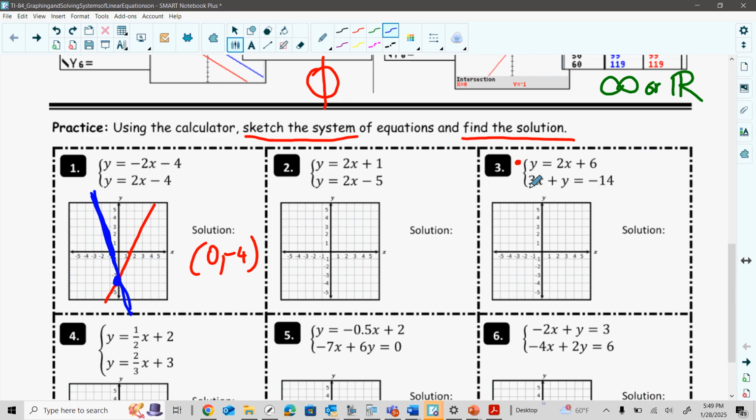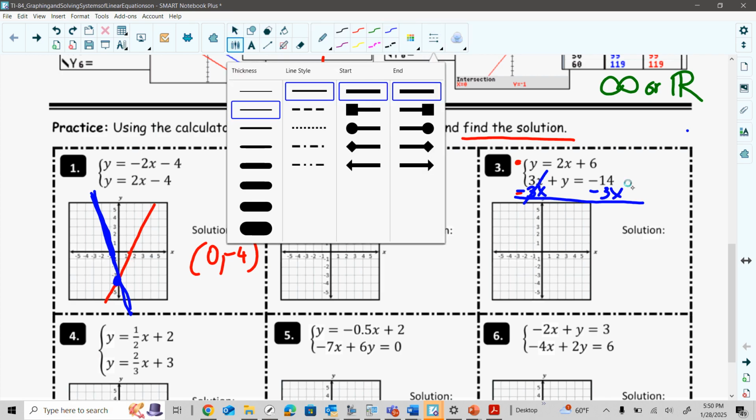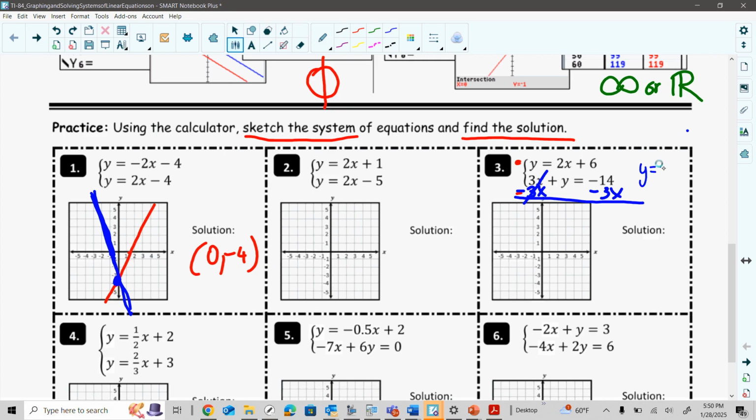So what we have to do is say minus 3x on both sides. The 3x terms cancel, and then I'm just going to rewrite it over here to the side, which is y equals -3x minus 14. Okay, so there's my second equation.